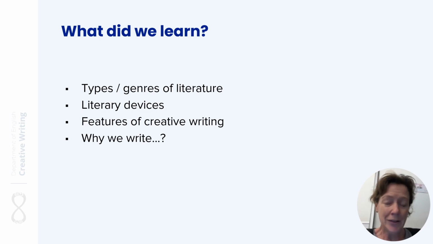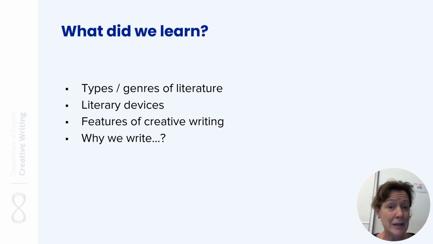So let's remind ourselves of what we've talked about in this video. We've looked at different ways of categorizing literature into types or genre. In terms of form, for example, poem, prose fiction, and so on, but also genre that features specific settings, types of plot, types of character.